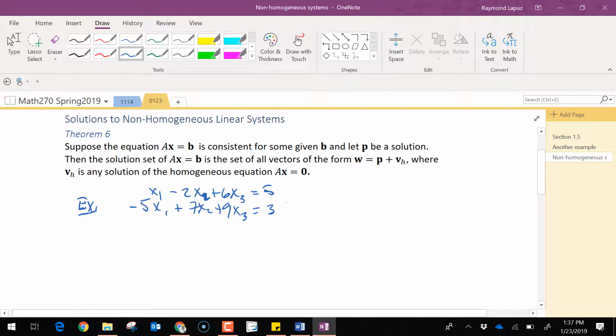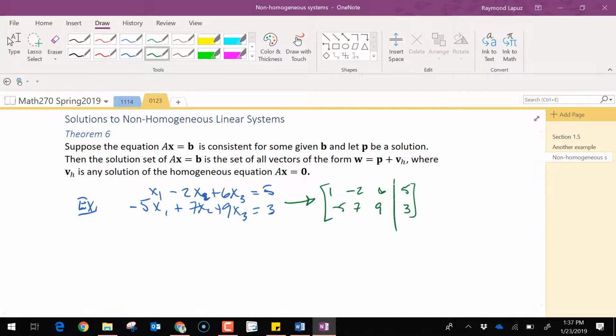Let's see. 1, minus 2, 6, 5, minus 5, 7, 9, 3. And so the work that we're going to do is essentially the same, except I switched these so I don't have to do that first row operation where I switch two rows.